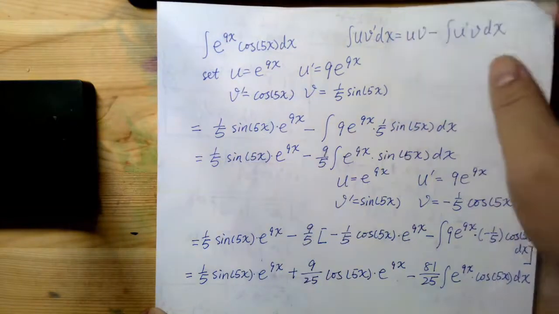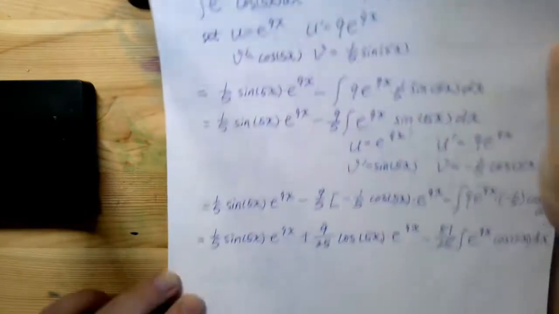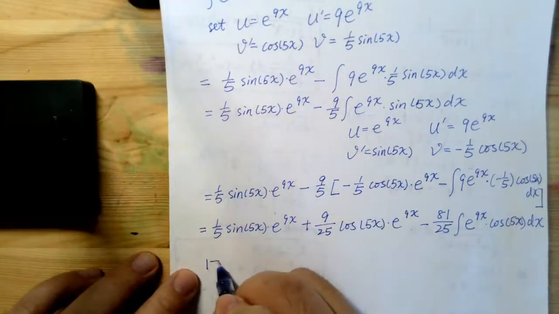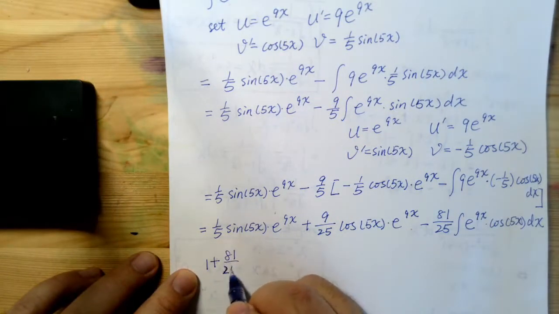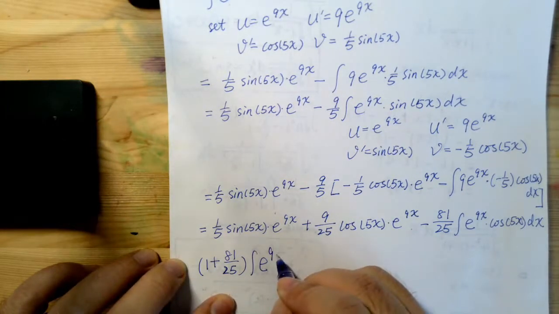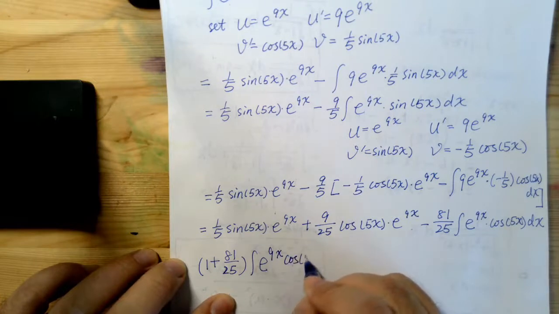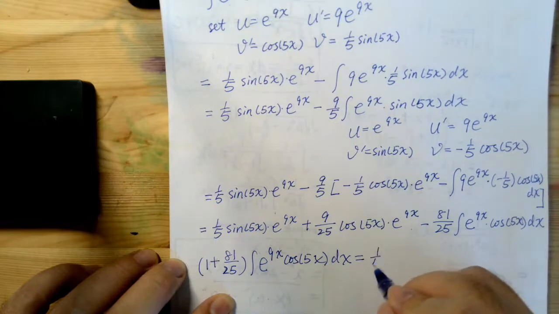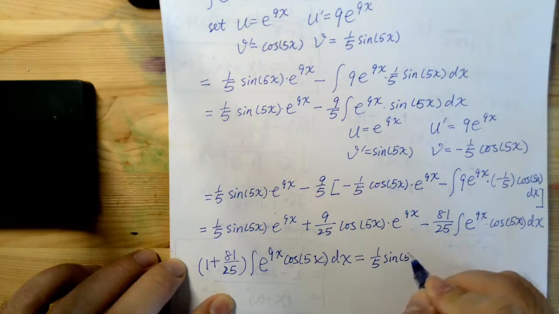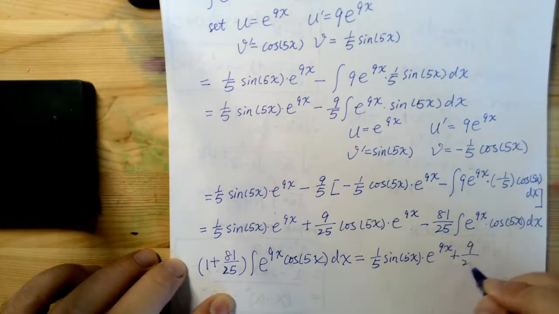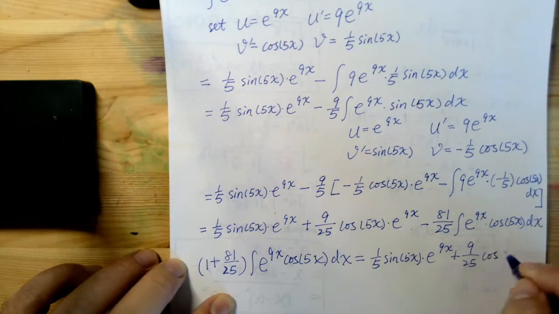Okay, so we can solve for our integral, which is going to be 1 plus 81 over 25 times the integral of e to the 9x cosine of 5x dx, equals 1 over 5 sine of 5x times e to the power 9x plus 9 over 25 cosine of 5x e to the power of 9x.